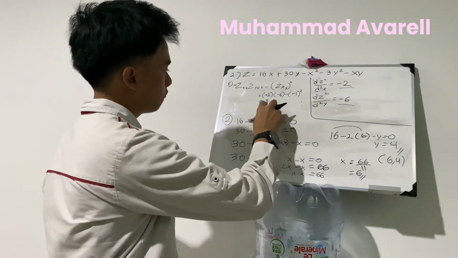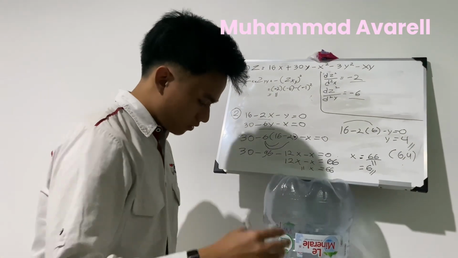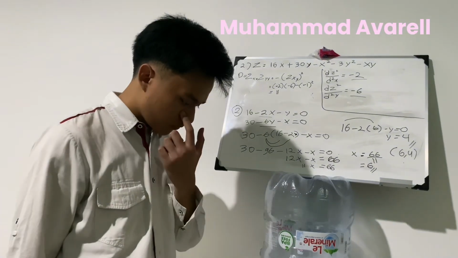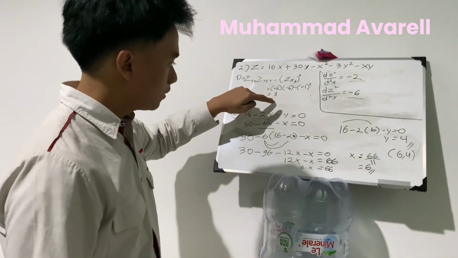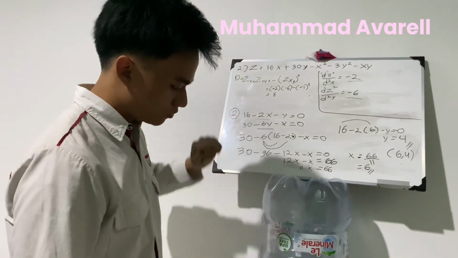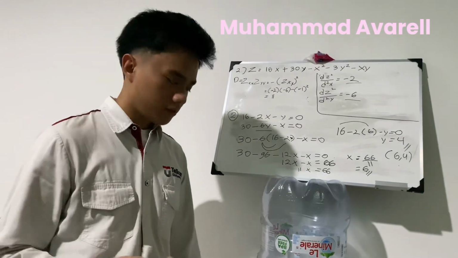After we find the Hessian determinant, we must apply the 11 to the second derivative test.